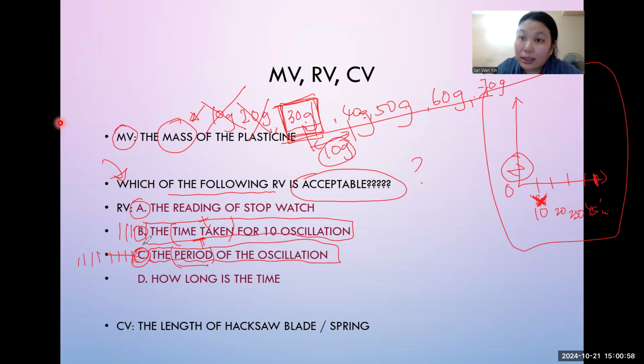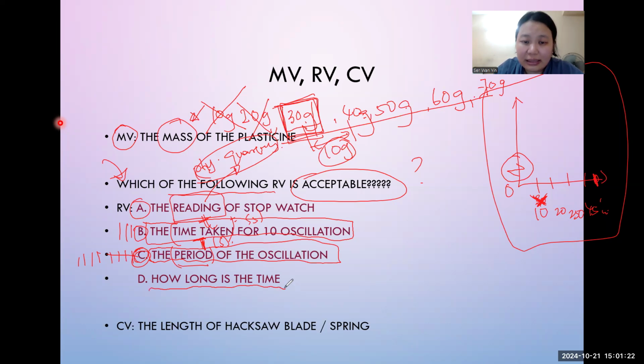Why A cannot make? A cannot because reading is not a physical quantity. Understand? Time taken is time, can measure in second. Period measure in second, but reading is not a physical quantity.